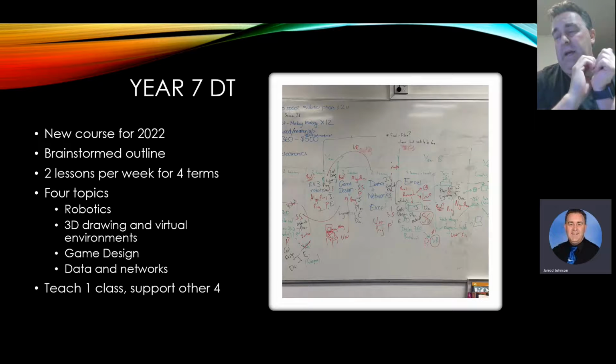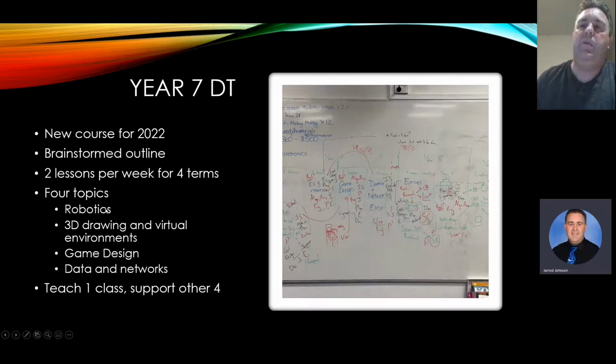But regardless, we've planned it out, and for the purpose of this topic, I'm just looking at the robotics section. This would obviously be expanded out to all four topics, which would cover the four terms with two lessons per week for each student.